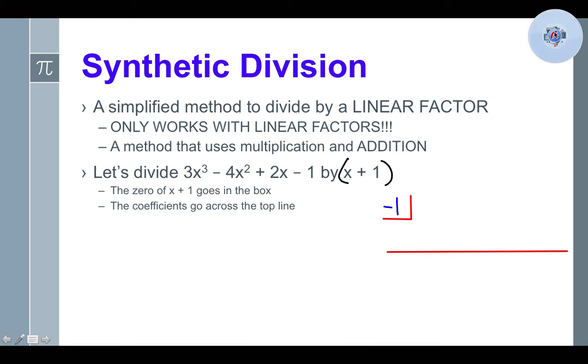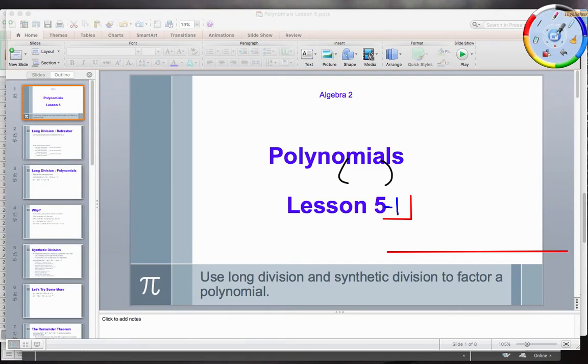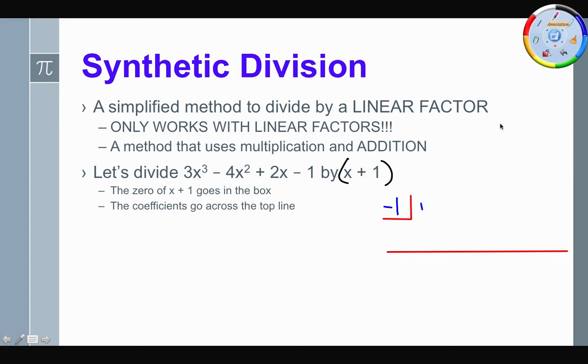The coefficients of the original big one go across the top line. So the coefficients are 3, -4, 2, and -1.